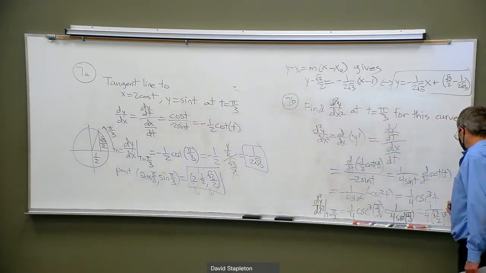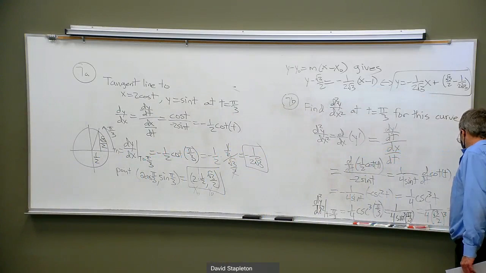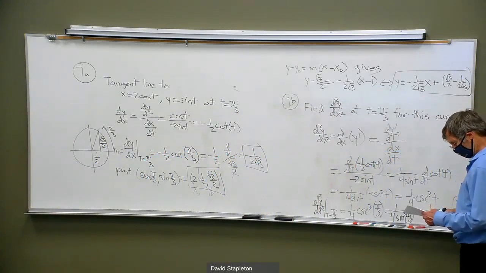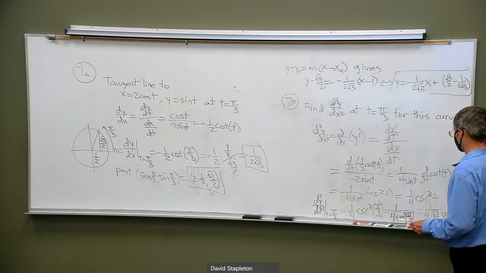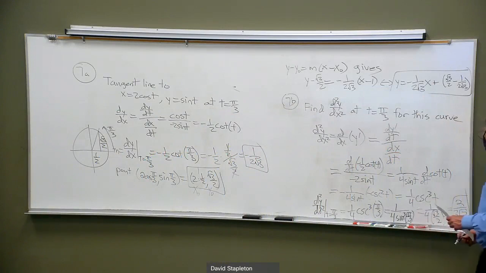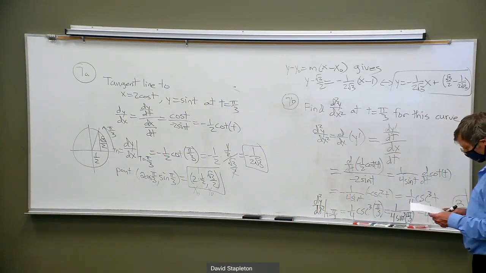It comes out to be 2 over 3 square root 3 if you do a little algebra. And I'm off by the same minus sign. I probably just dropped the minus when I did this earlier.